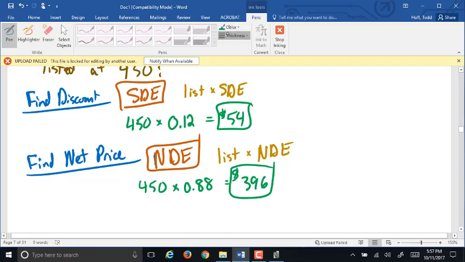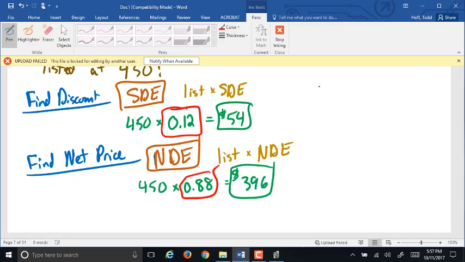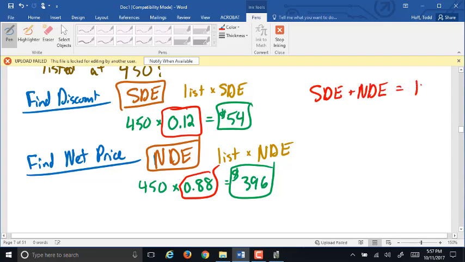Two really important things you should notice here. What is the relationship between those two numbers? If I add them together, they equal 1, right? 0.12 plus 0.88.